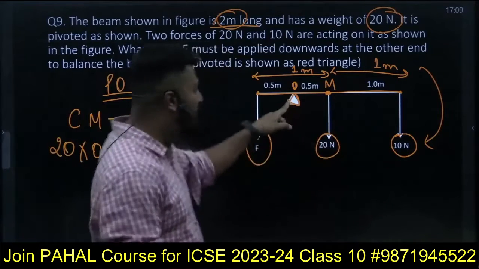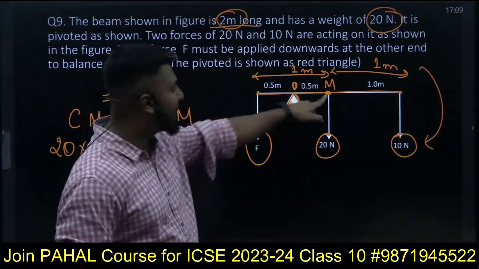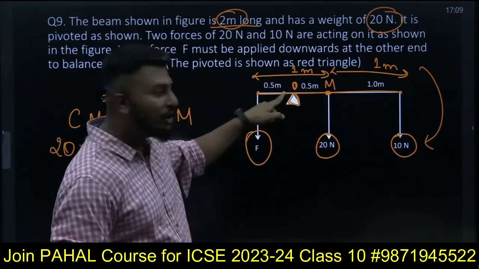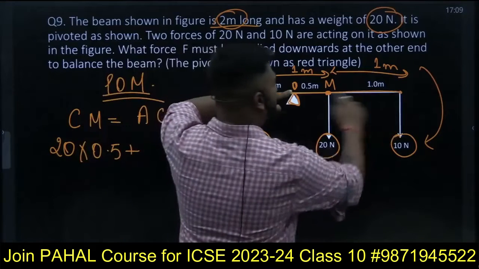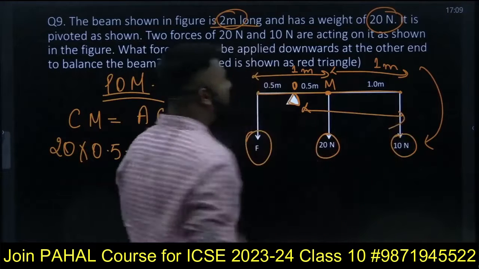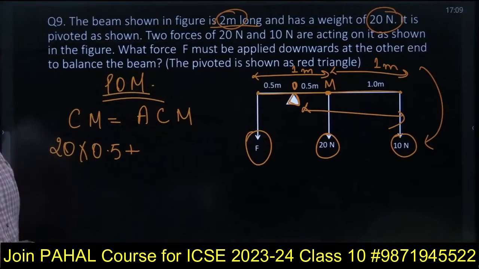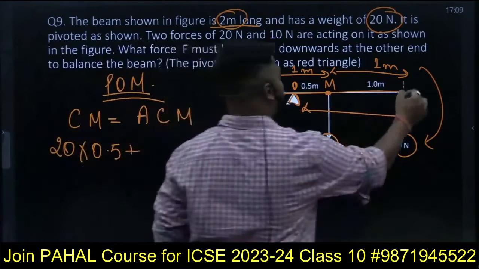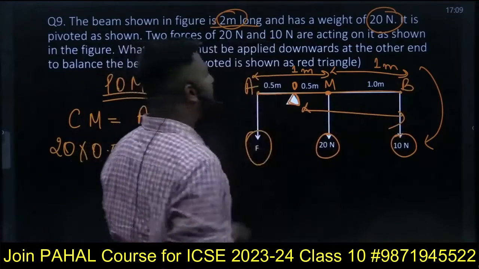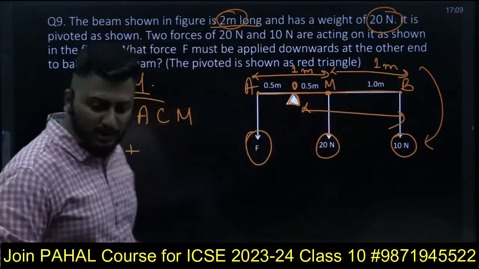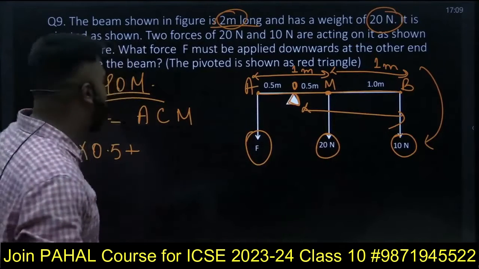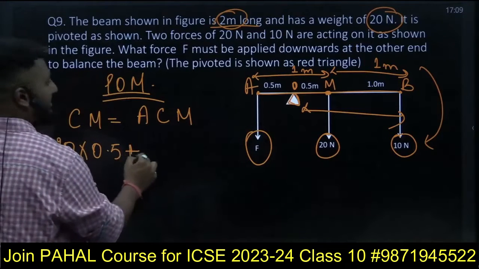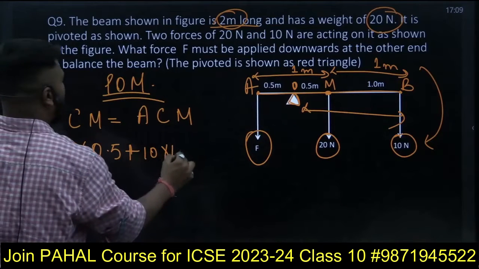Total distance from the center, not from M, from point O. So from point O, what would the distance be? Let's say this point is B, this point is A. So the OB distance would be equal to 1.5 meter, correct? So this will be plus 10 into 1.5.